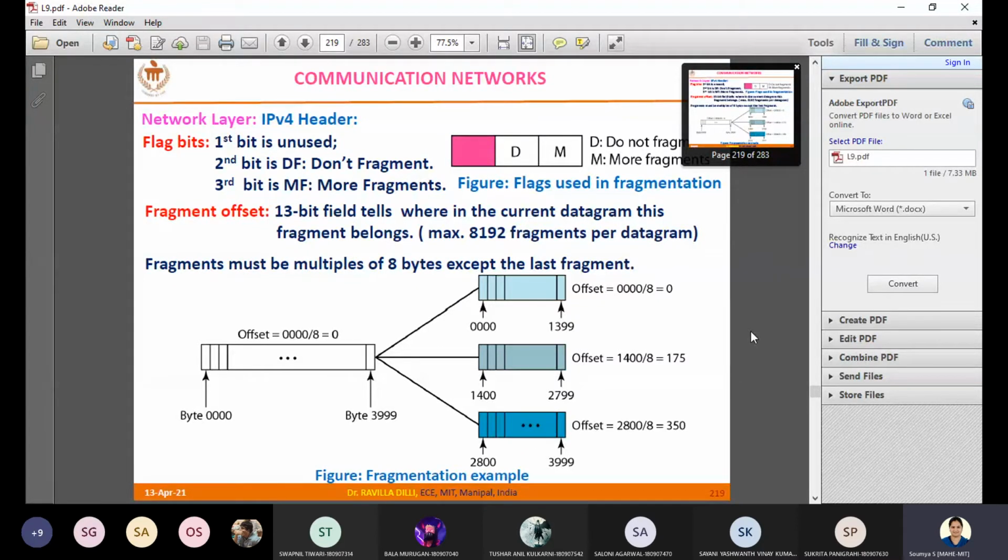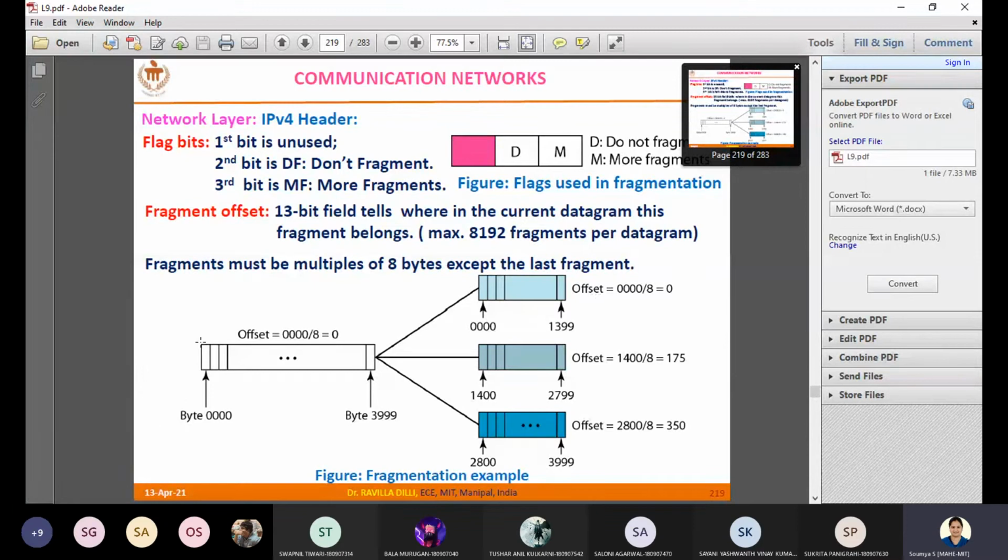So you should know where exactly this particular fragment belongs within this complete datagram. That value is given by the fragmentation offset. Fragments must be multiples of 8 bytes except the last fragment.